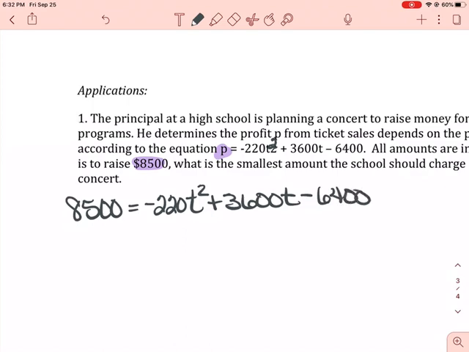Okay, so I know the numbers are large, and that's one of the things about the quadratic formula. You can deal with large numbers. So now we're going to set this equal to 0. So I'm going to subtract that 8,500.